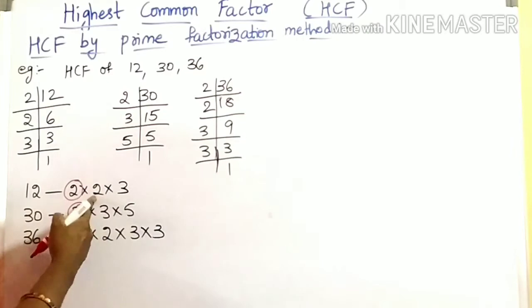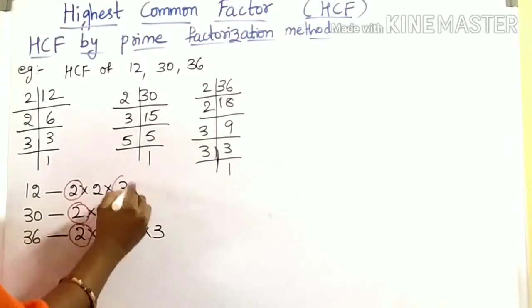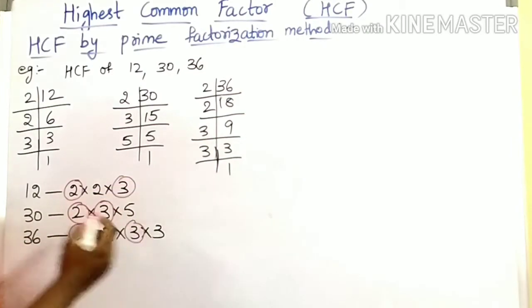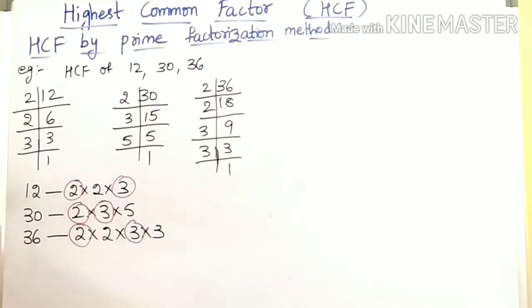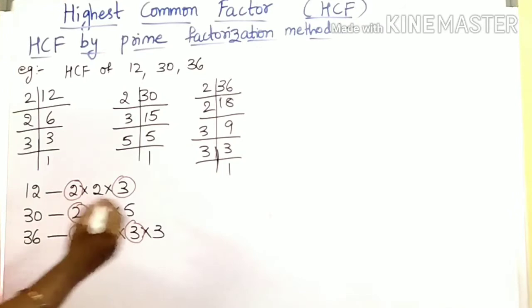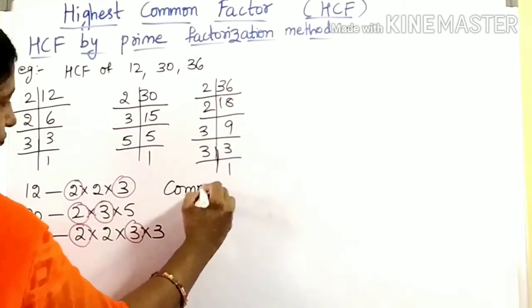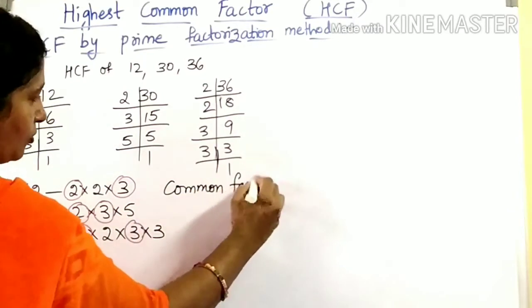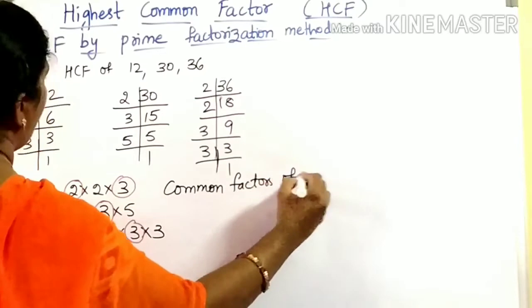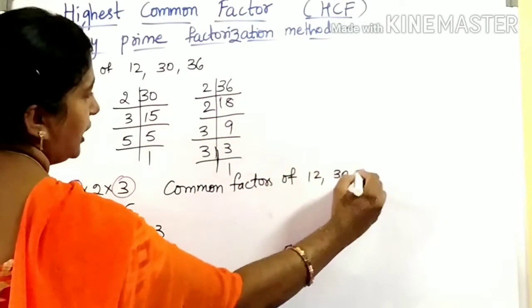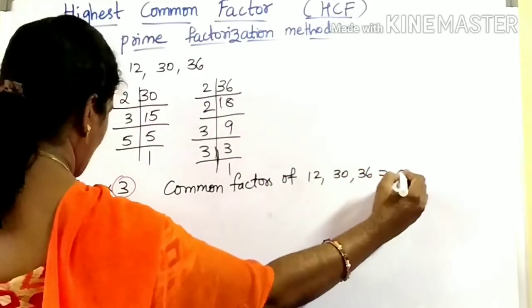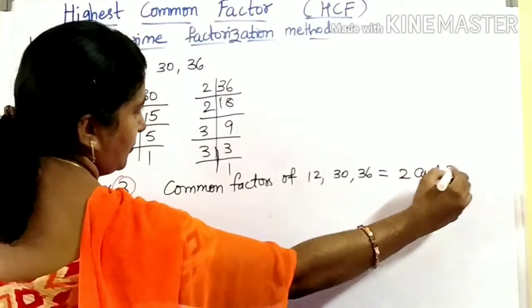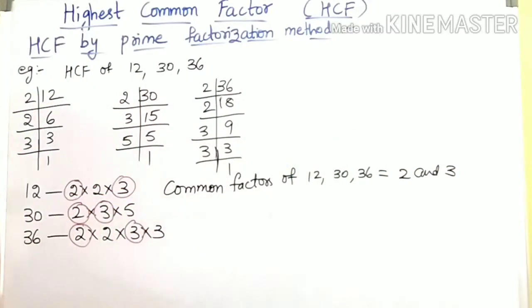Next 2 is here but not here. Next 3 is common. So 2 and 3 are the common factors of 12, 30 and 36.